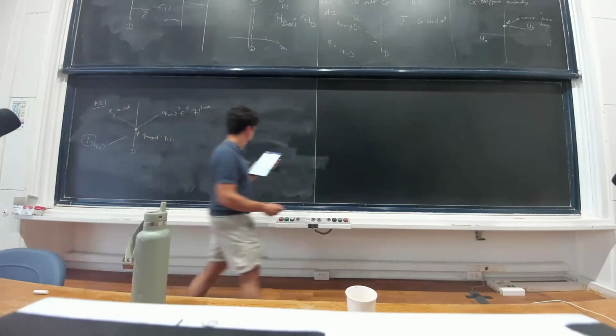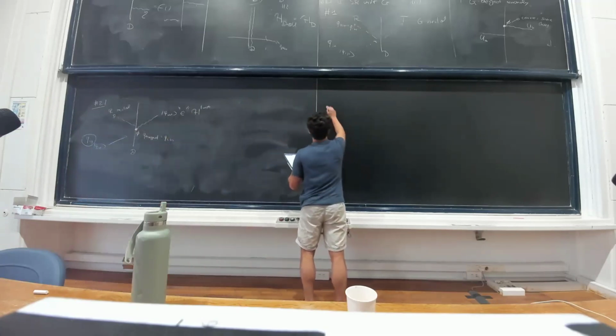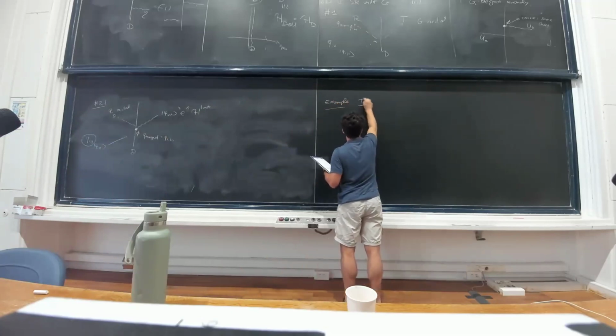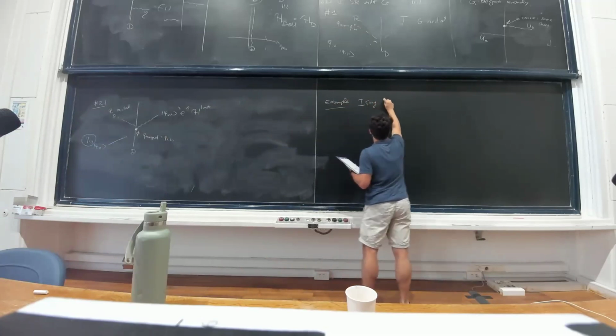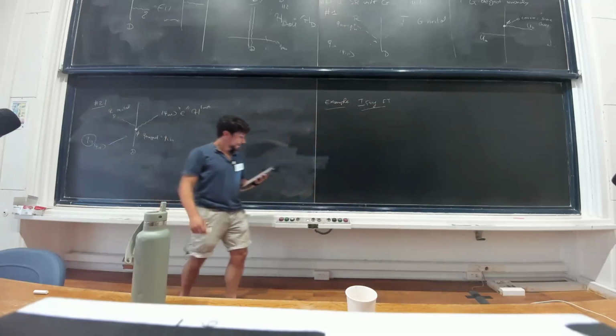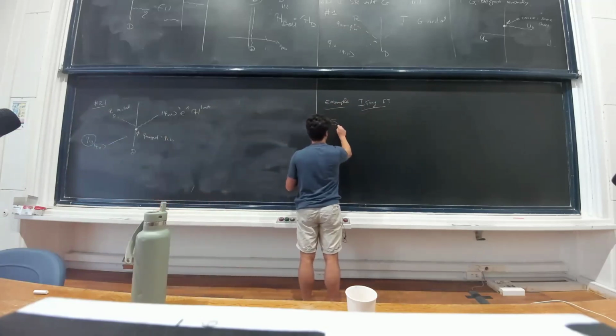Okay, so let me illustrate quickly one example. That is the Ising CFT, by which I mean the Ising CFT defined by the energy operator epsilon. I want to consider a setup.